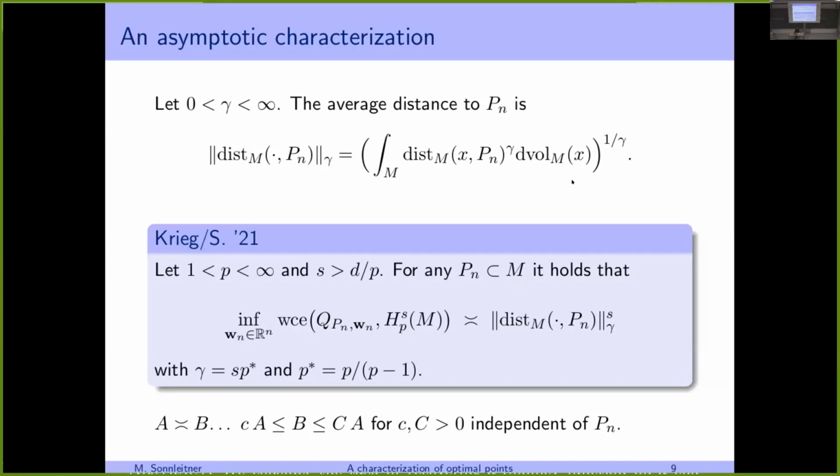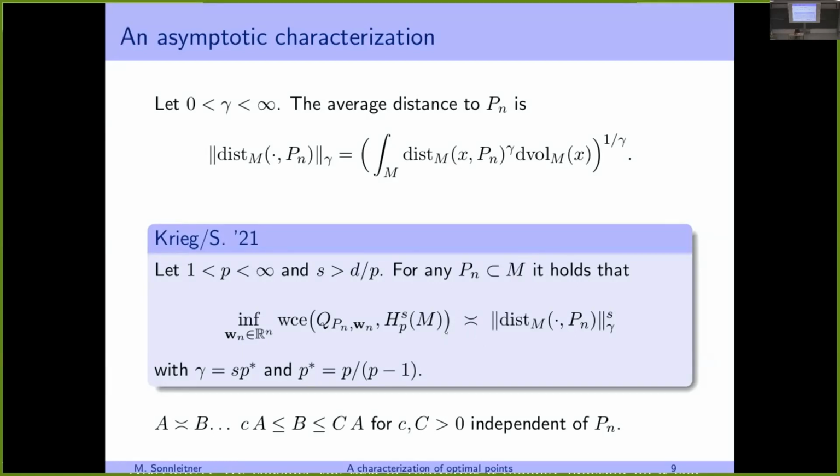And using this quantity, we could show that for any point set P_n, we have this asymptotic equivalence, namely that the minimum over all weights of this worst case error, so the quality of this point set for numerical integration, is asymptotically equivalent to the L gamma norm of the distance function to the power of s. And this is from above and below.